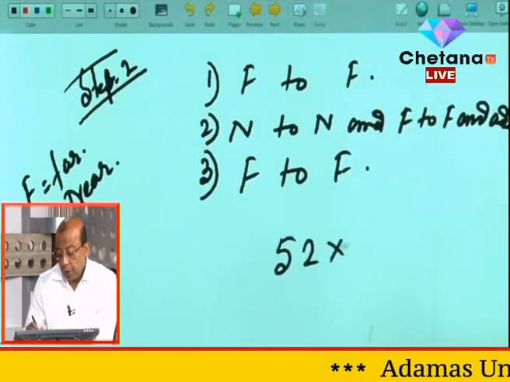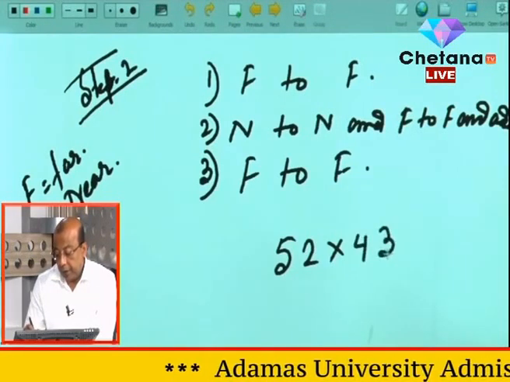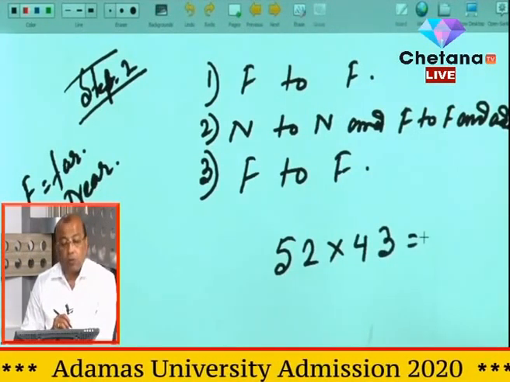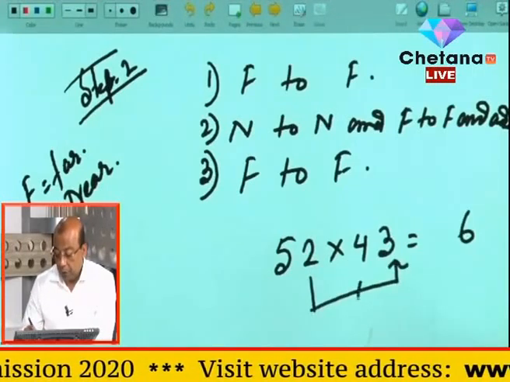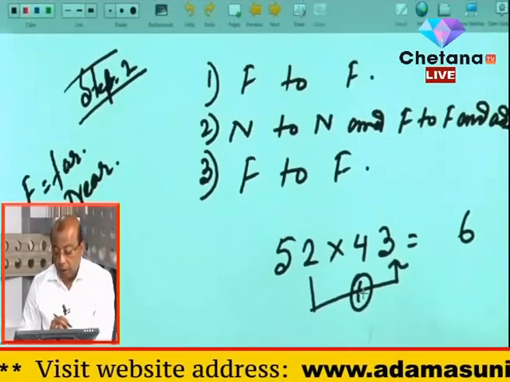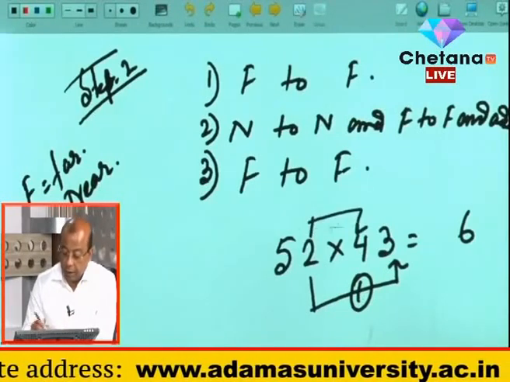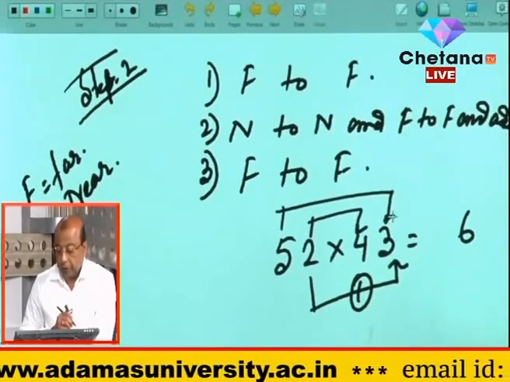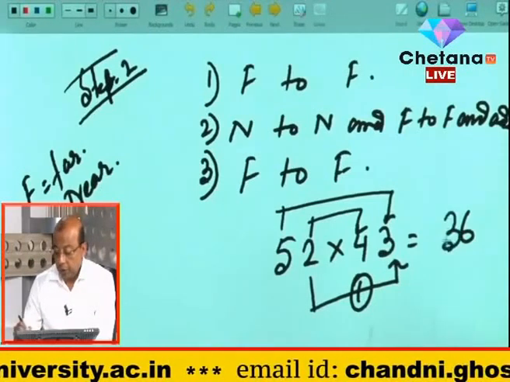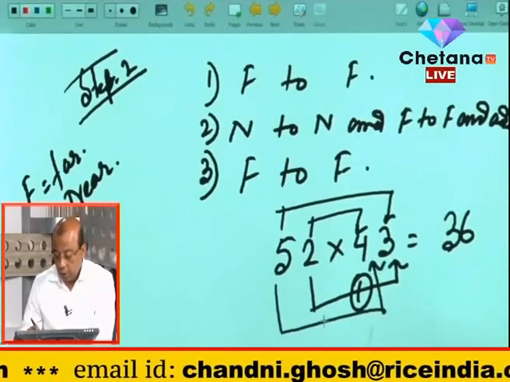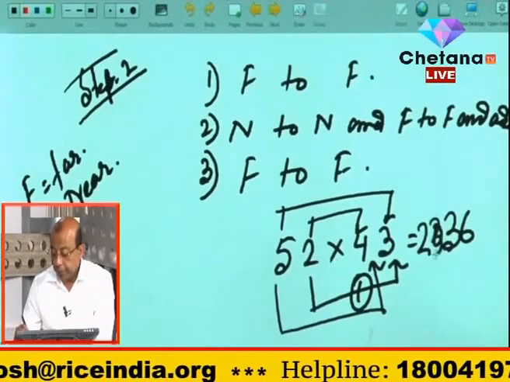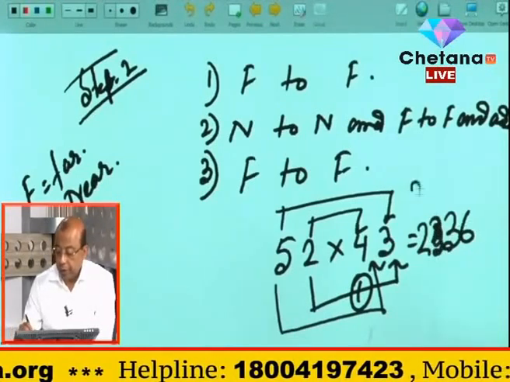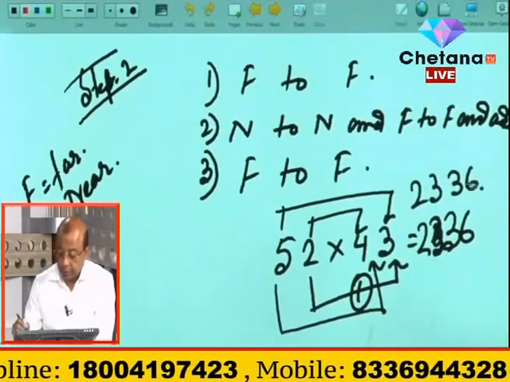52 and 43. Far to far, point of starting, that is 6, step 1. Far to far. Number 2, near to near, 8 plus 15, 23. 3 in hand. 20 plus 3, 23. 36.